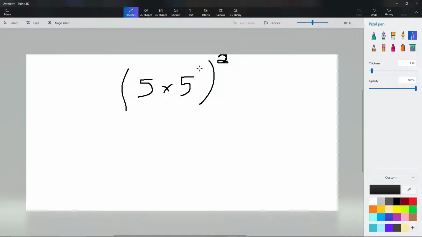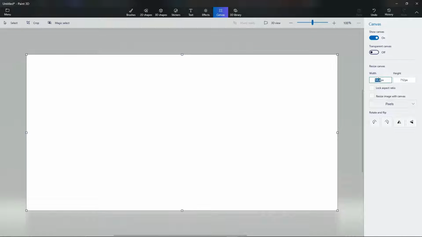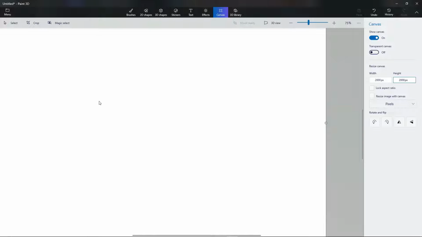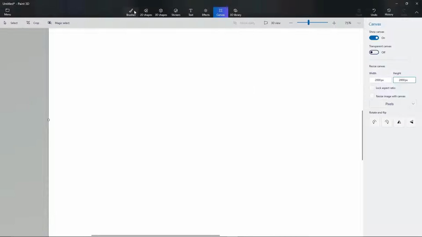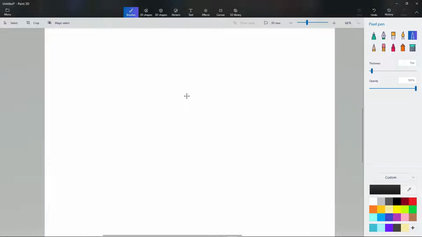The way you say this is 5 times 5 within parentheses to the second power. Now I say second power, but really you should treat it as the phrase squared.